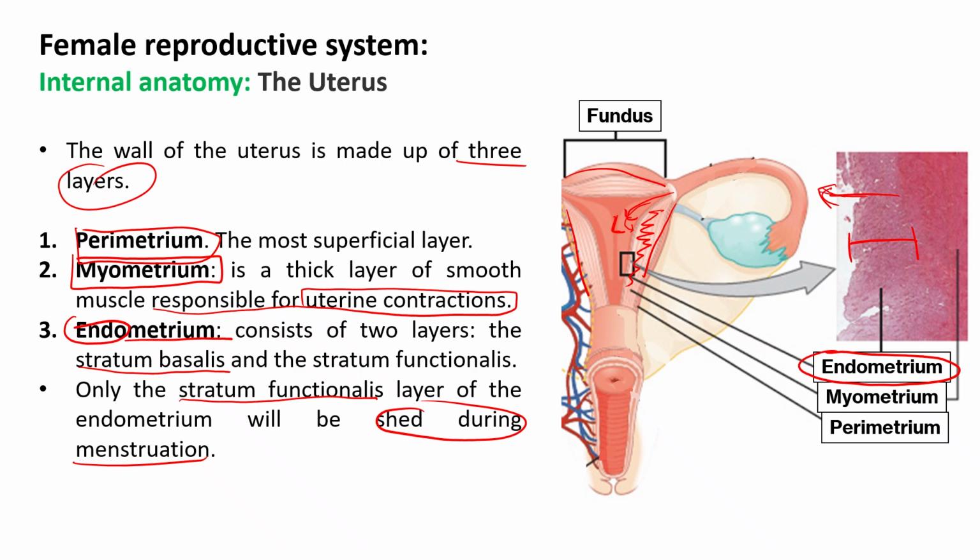We're going to learn that the hormones produced by the ovaries are the ones that induce the growth and increase in thickness of the endometrium. So we'll see, when we learn the ovarian cycle and the menstrual cycle, how the hormones can affect the thickness of this endometrium, what's going to happen if pregnancy occurs, and what happens with this endometrium if pregnancy does not occur.